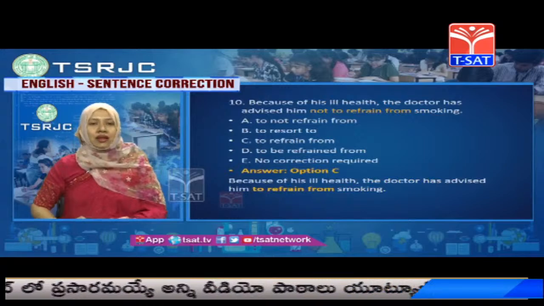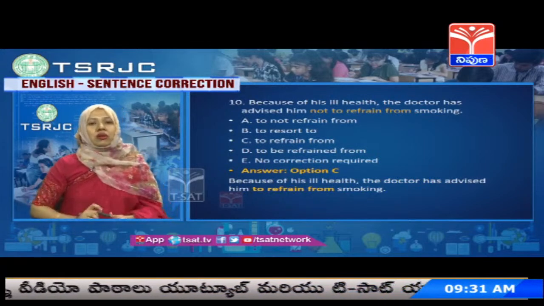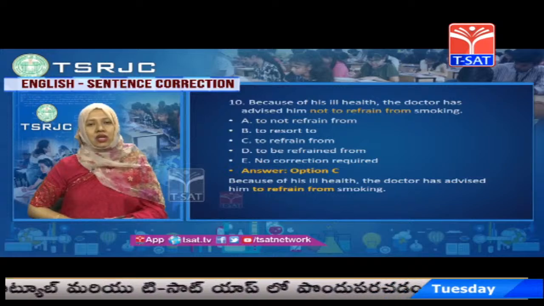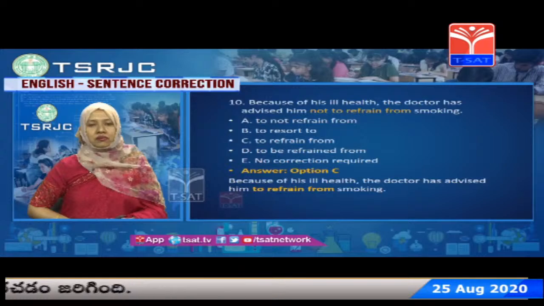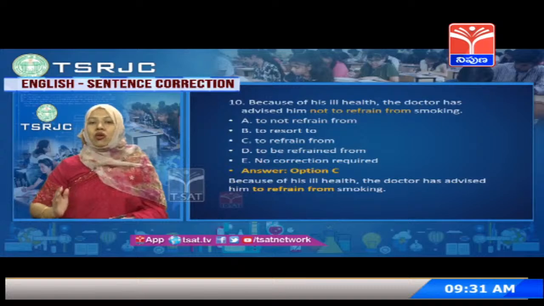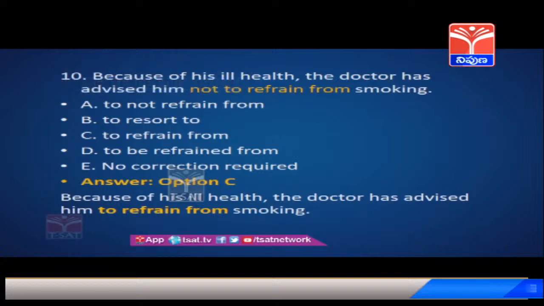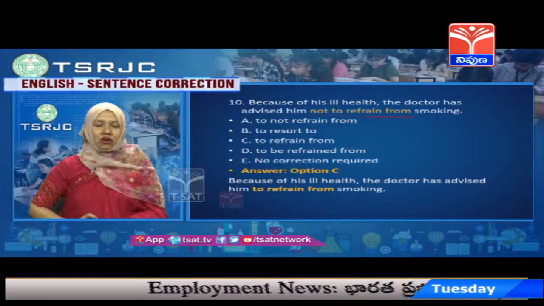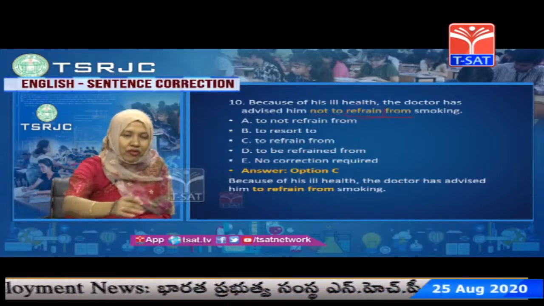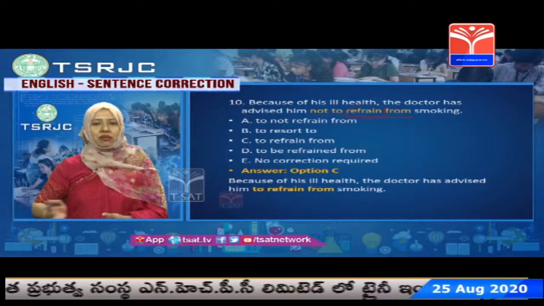Let us look at the next example. Because of his ill health, the doctor has advised him not to refrain from smoking. Now read the question properly. If you look at the highlighted words, not to refrain, refrain means to stop doing something.